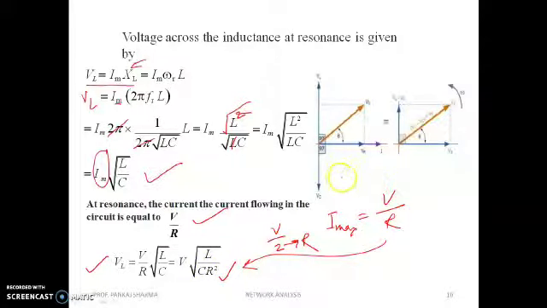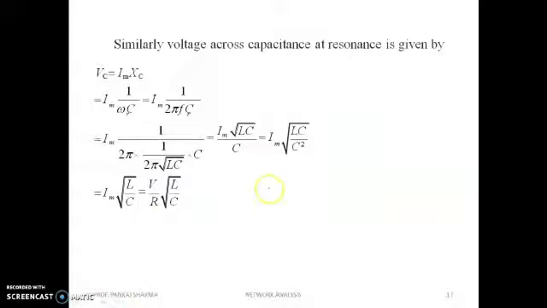We have seen and studied how the phasor diagram works. Similarly, voltage across capacitance at resonance is given by VC is equal to maximum current into XC.